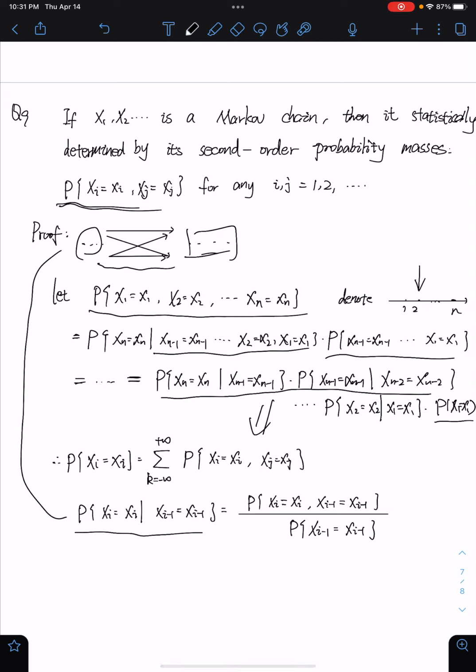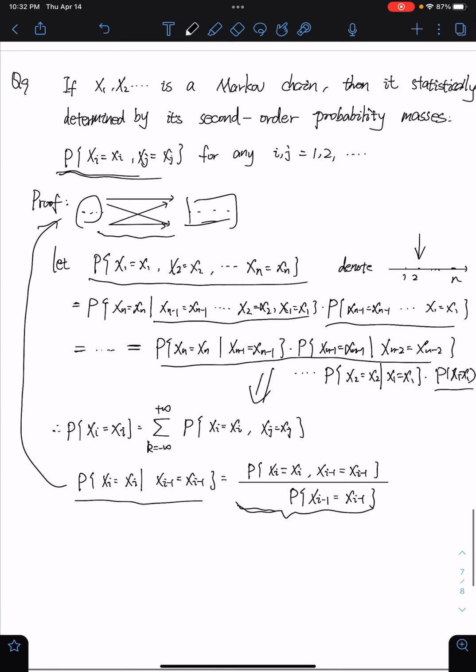We can also confirm the Markov chain has only short memory, because the output is only related to its input. We don't care about the past; we only care about the element right before the output, before X_i. So we can write the conditional probability of X_i equals x_i like this.